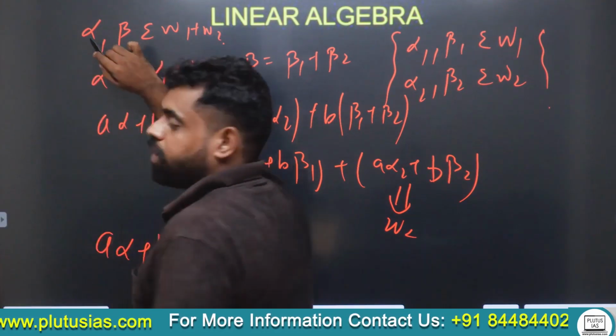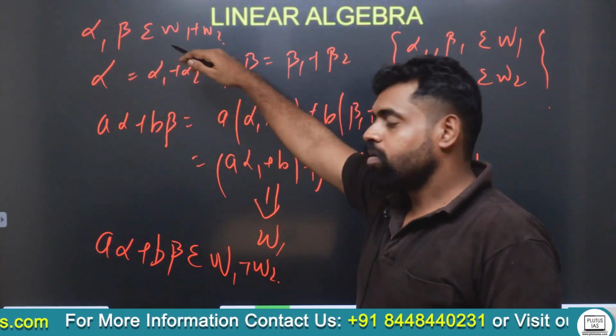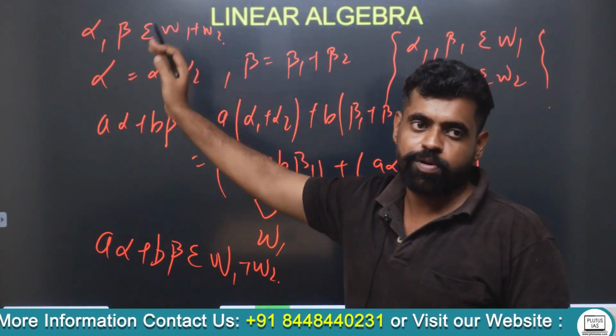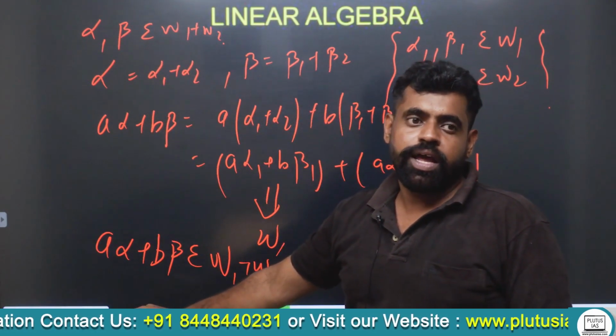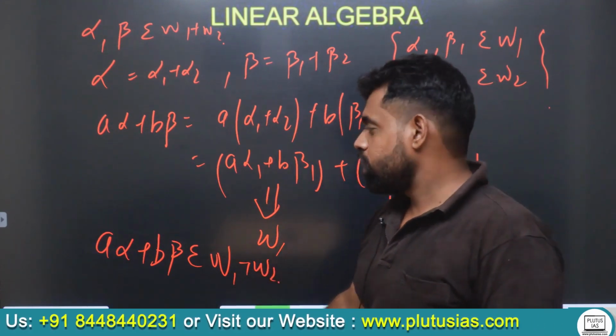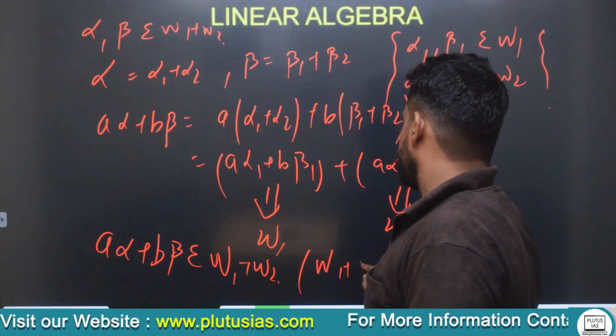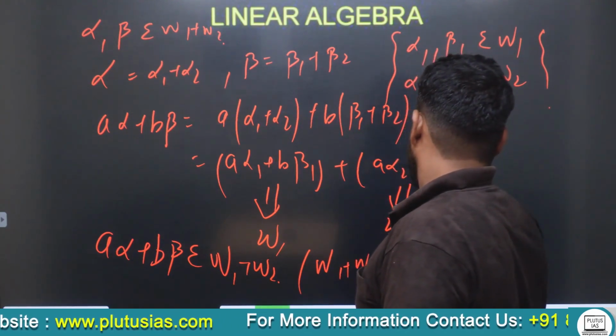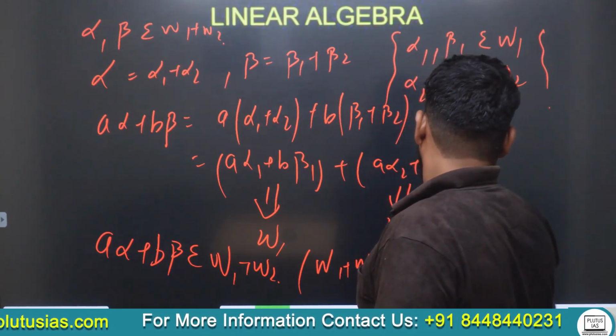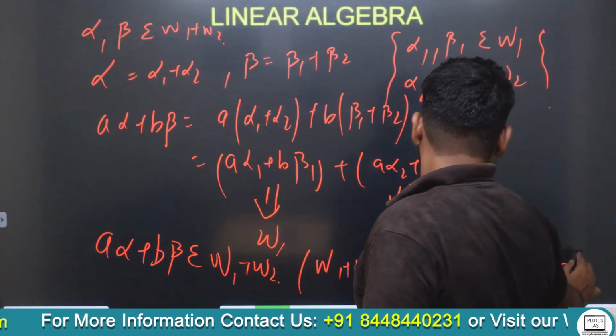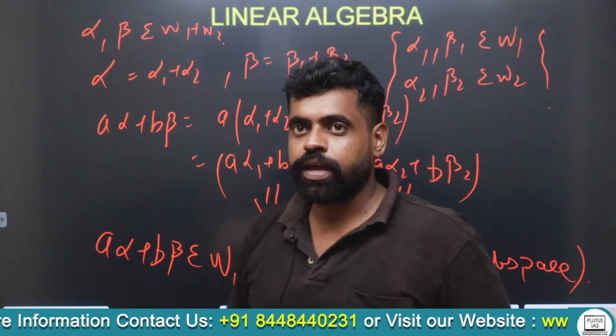Thus, if we have taken alpha, beta belonging to W1 plus W2 and we have proved that a alpha plus b beta belongs to W1 plus W2, so W1 plus W2 is a subspace. Clear, Gaurav?